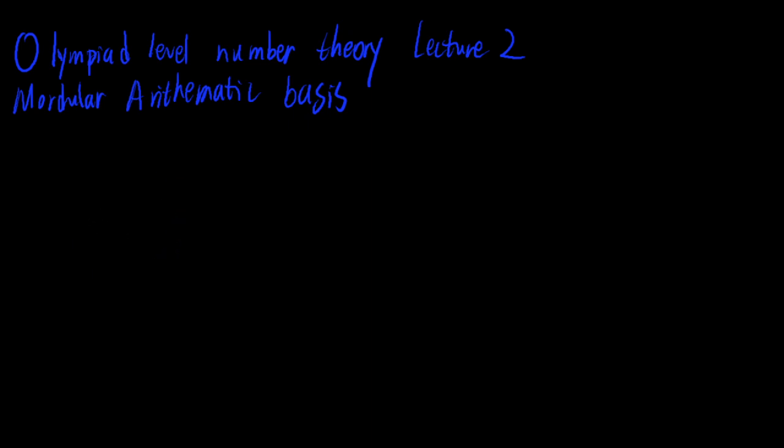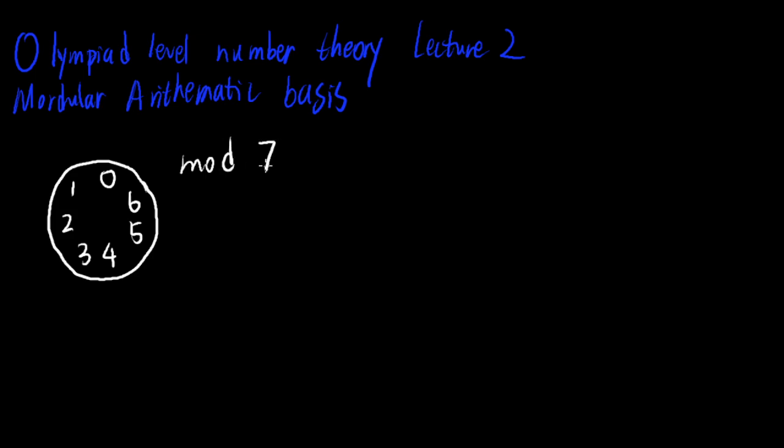The intuition comes from a clock. You will see it everywhere. If we consider modulo 7, we can consider a clock, and all the numbers correspond to one number on the clock.